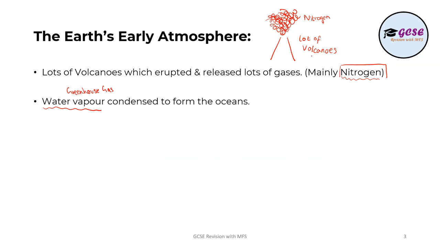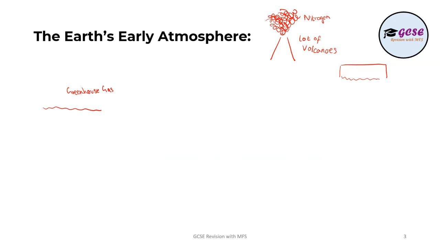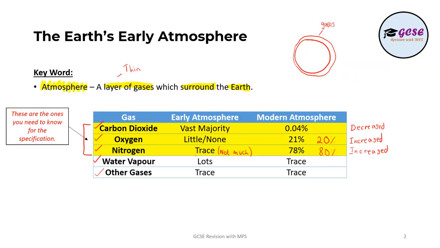Now, because the volcanoes have been erupting, water vapor has been released, and now the water vapor levels decreased. So if we look here, we had a lot of water vapor in the atmosphere, and as you can see, the water vapor levels decrease.